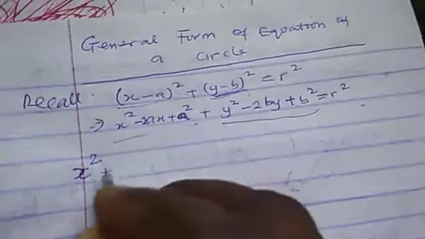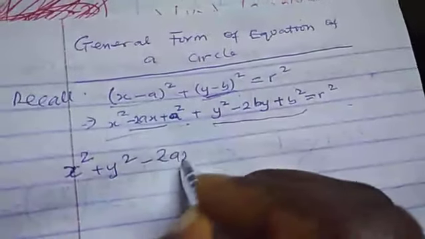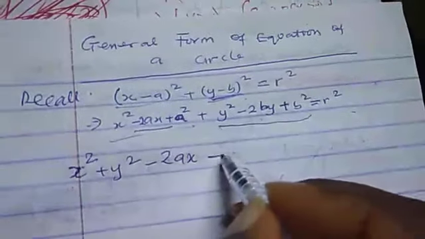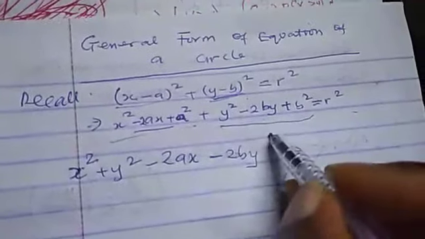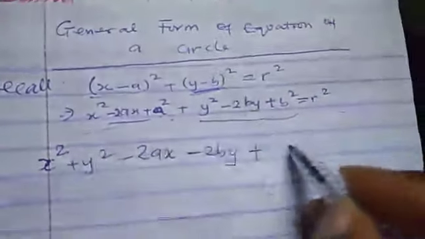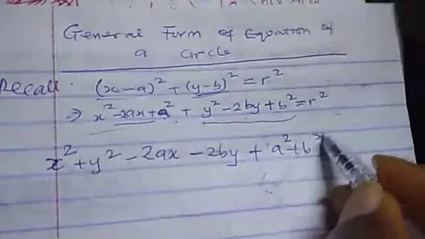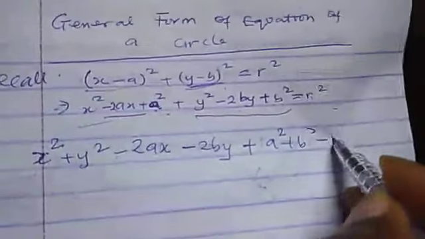We write x squared first, y squared. The next one is the coefficient of x, and that of y, and the constant. The constants are a squared, b squared. If you bring r in, we have minus r squared equal to 0.